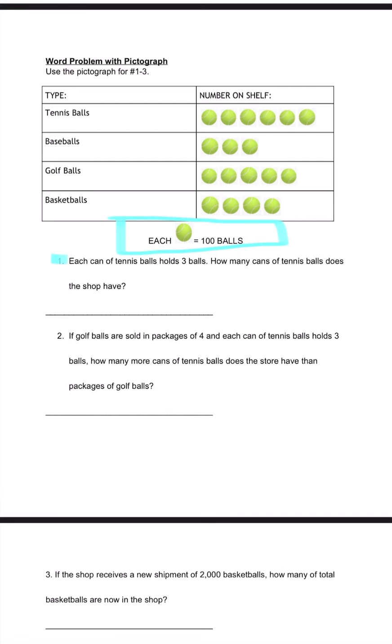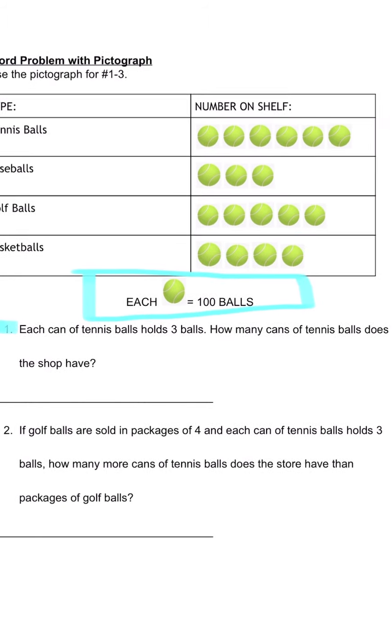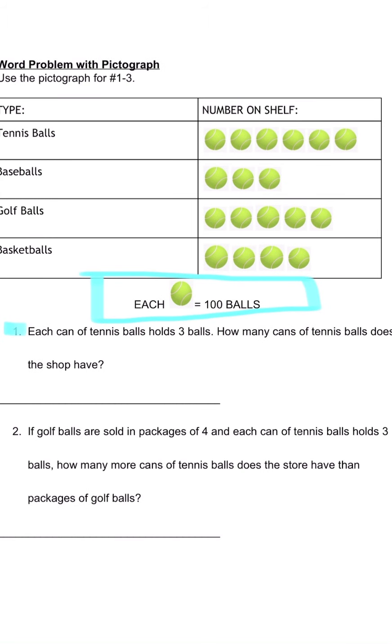So we'll look at tennis balls first. We see that there are 1, 2, 3, 4, 5, 6. So we're going to do 6 times 100 because again, one ball equals 100 balls. So we'll have 600 tennis balls.